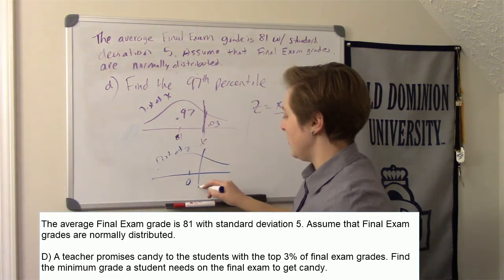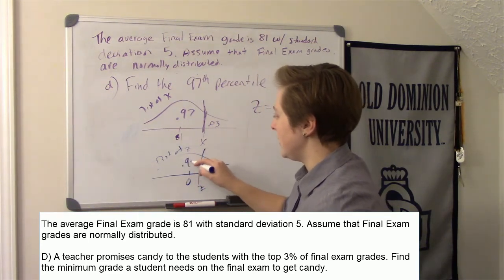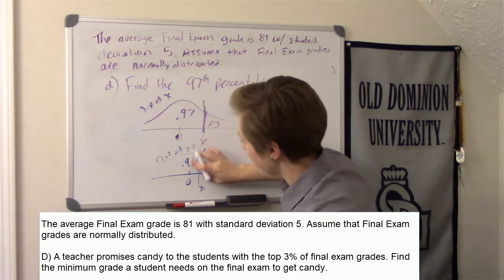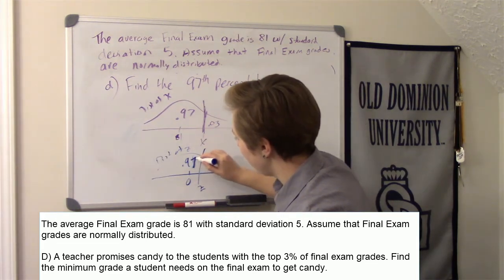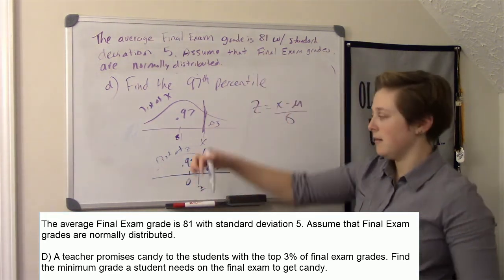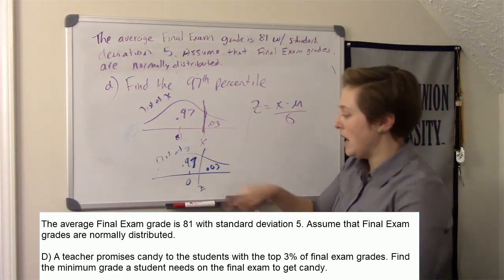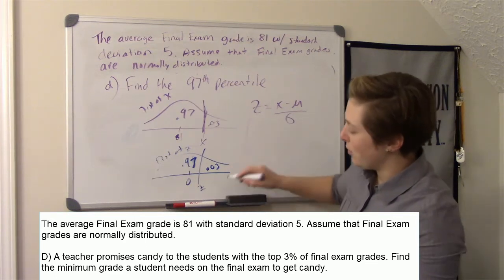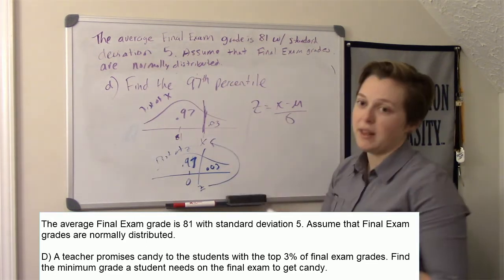So we need to first find what this z value is, which has 0.97 behind it and 0.03 in front of it. Then we'll go from that z value to figure out what that x value is.